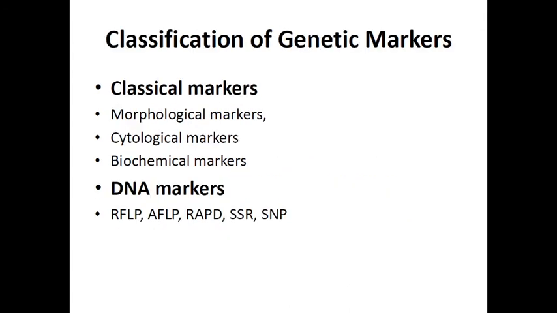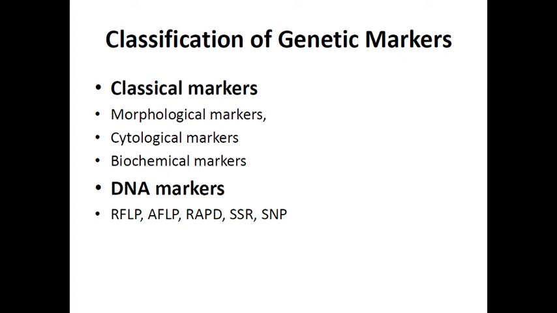Classification of genetic markers: classical markers, which include morphological markers, cytological markers, and biochemical markers. These are markers which can be easily viewed by some basic test. Morphological markers can be easily viewed, such as tall, dwarf, or various genetic traits which you have read in Mendelian genetics.